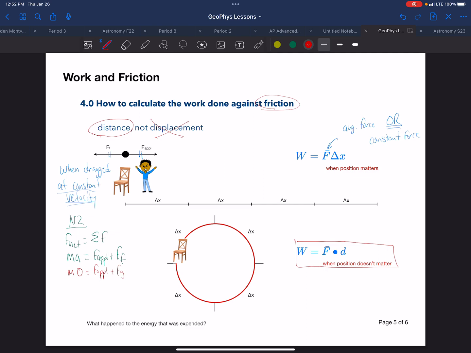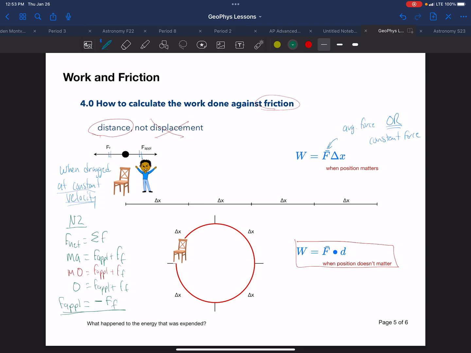So we come to the conclusion that the force applied plus the force of friction add up to 0, and therefore the force applied is equal and opposite to the force of friction. Excuse me, I kept writing force of gravity here and I meant force of friction.